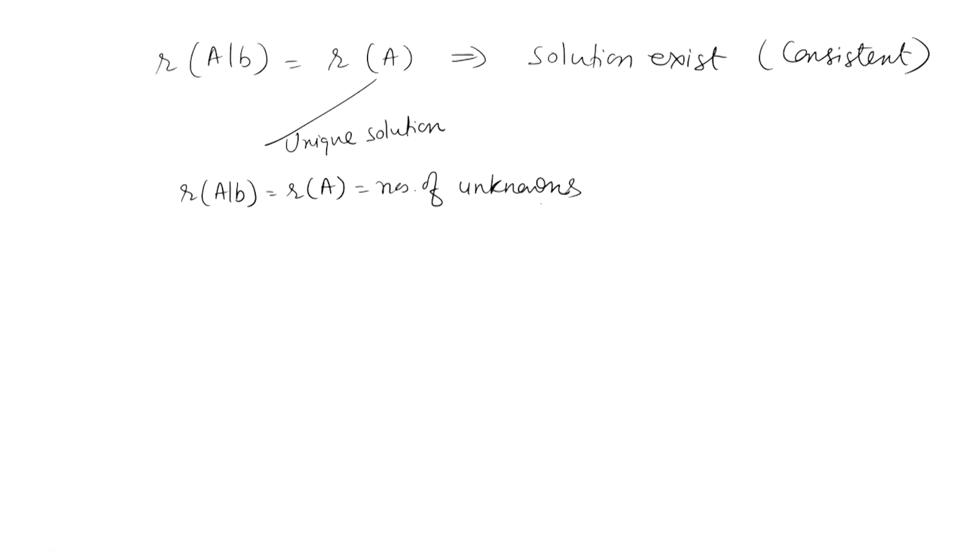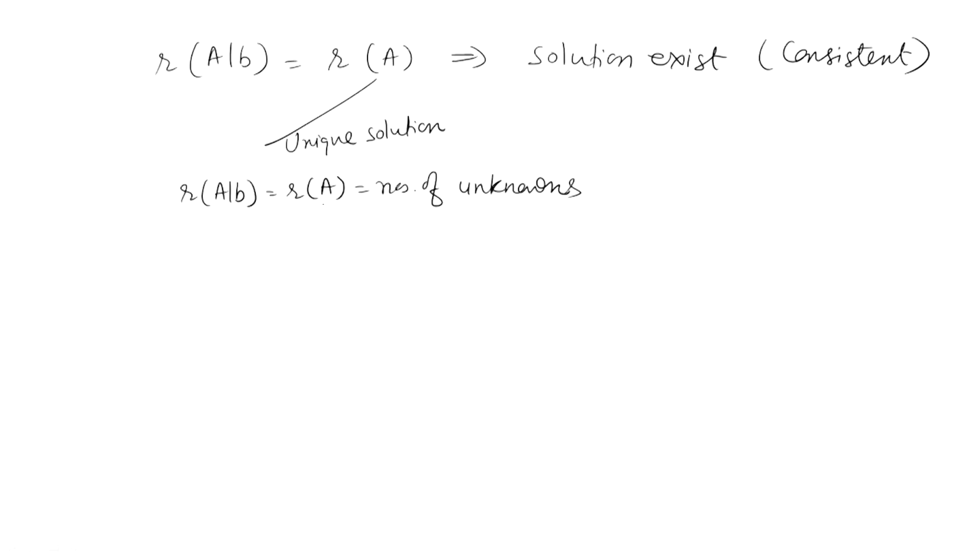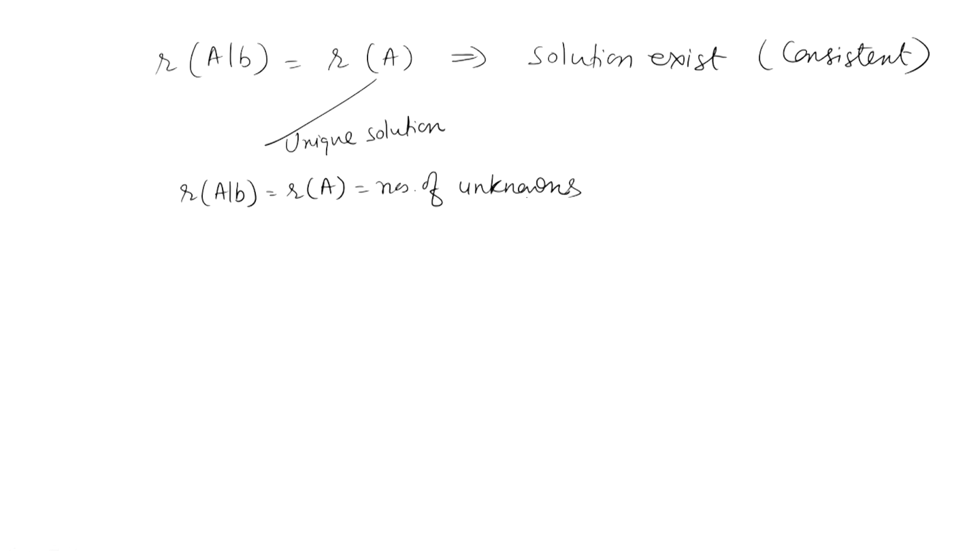This means the number of linearly independent equations is the same as the number of unknowns, because the rank of A means the maximum number of linearly independent rows or columns. And if it is equal to the number of unknowns, this means a unique solution.